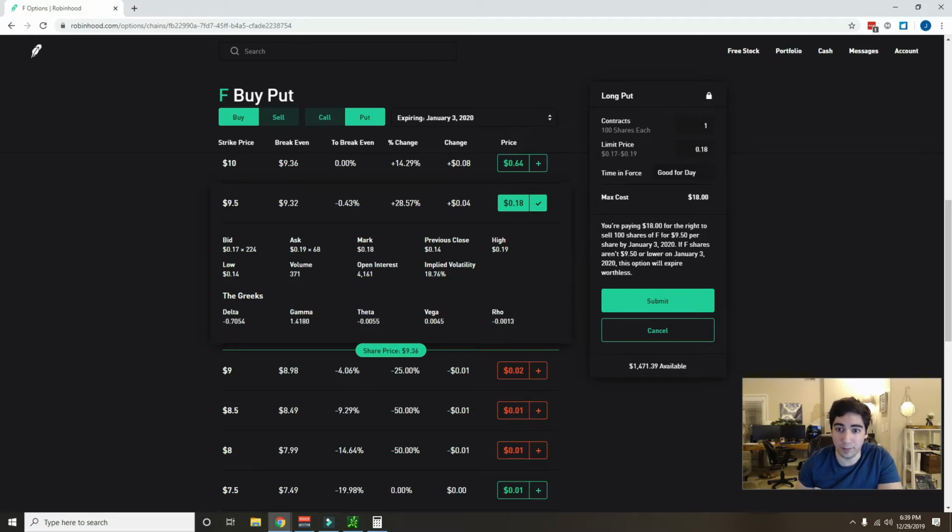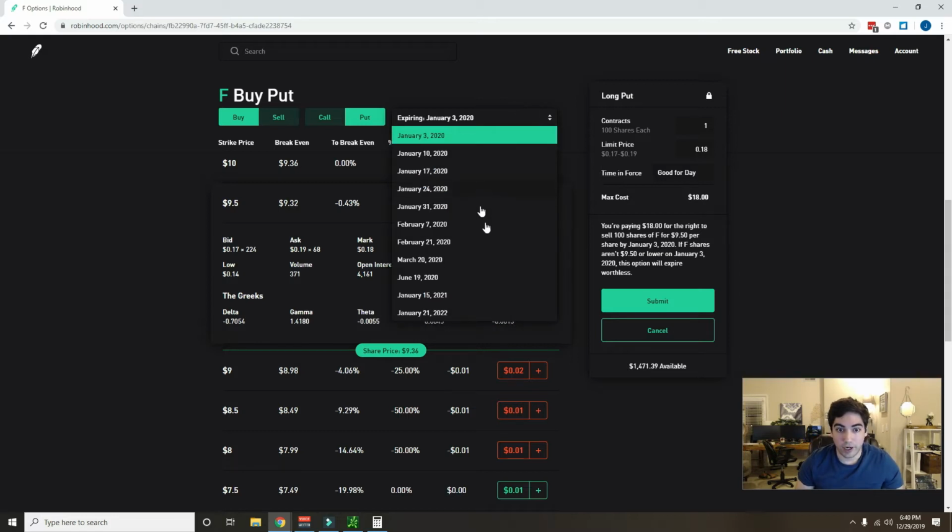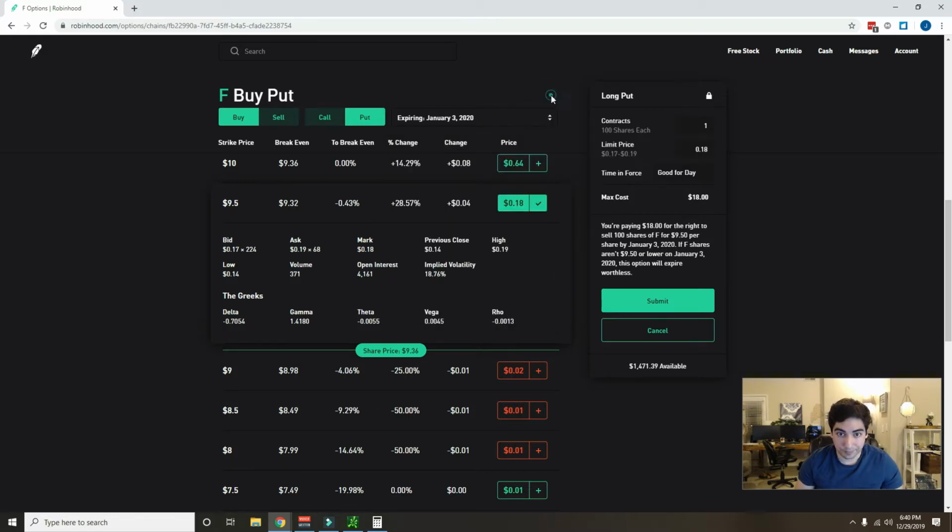Before I even submit, it says you're paying $18 for the right to sell 100 shares of Ford for $9.50 per share by January 3rd, which is this Friday. You can change the option too, but essentially, if the stock crashes and I buy this contract, I can sell my 100 shares for $9.50, guaranteed.